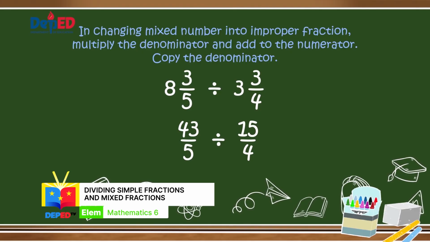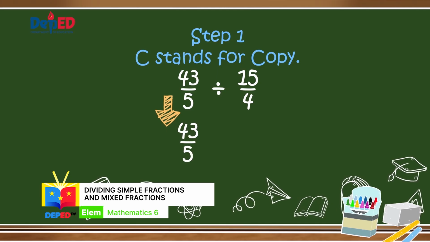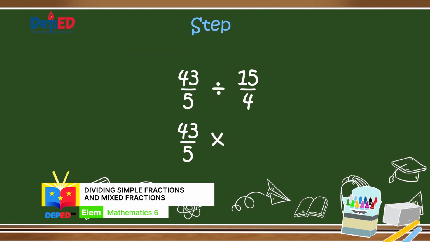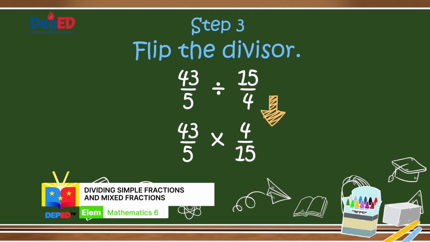Now, let's solve it step by step. Step 1. Copy the dividend, 43/5. Step 2. Change the operation to multiplication. Step 3. Flip the divisor 15/4 to 4/15, equals 43/5 multiplied by 4/15.